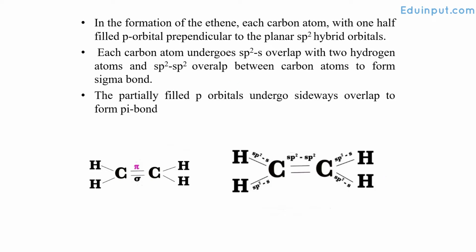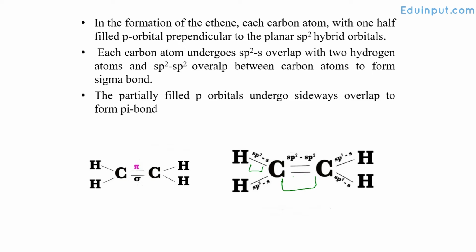Each carbon atom undergoes sp2-s overlap with two hydrogen atoms, where we can see this one. This is the sp2-s orbital because there are two hydrogen atoms attached to each carbon in ethene. And then there is sp2-sp2 overlap between the two carbon atoms, because in ethene there are two carbon atoms and these are doubly bonded, out of which one is the sigma bond and the second one is the pi bond.